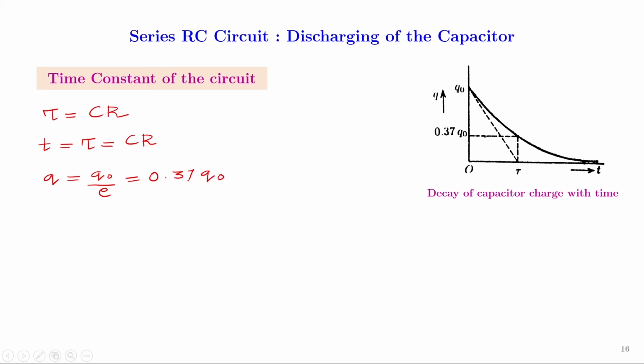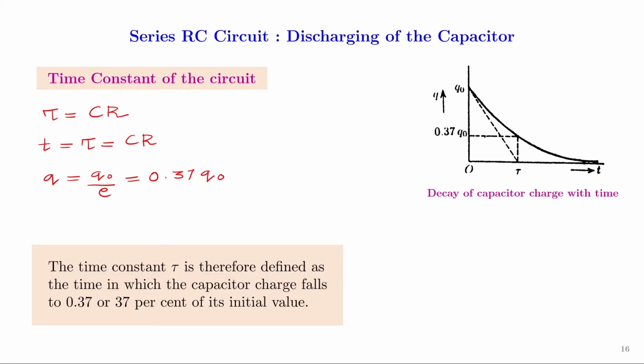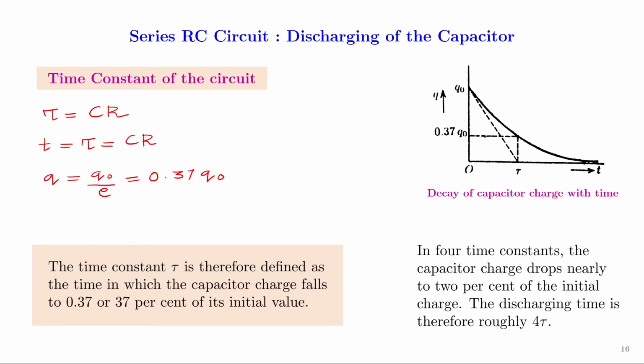So from this we can define the time constant as the time in which the capacitor charge falls to 0.37 or 37% of its initial value. And in 4 time constants, the capacitor charge drops nearly to 2% of the initial charge. The discharging time is therefore roughly 4 times tau.